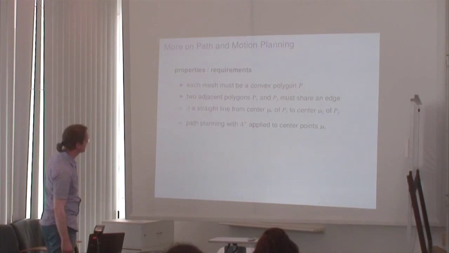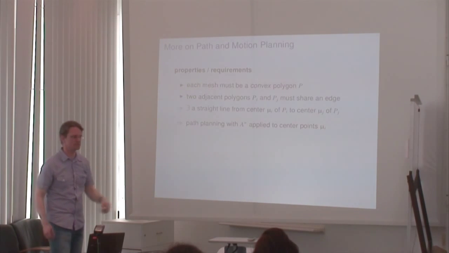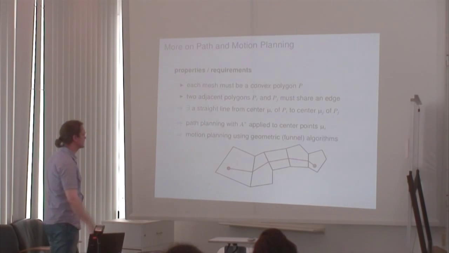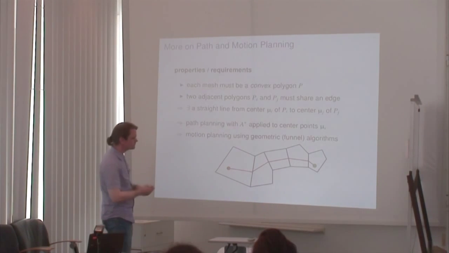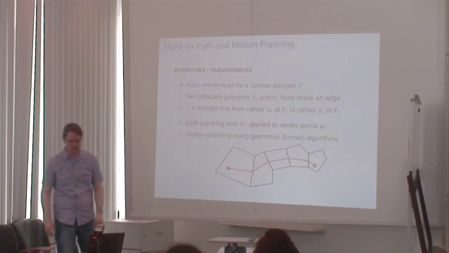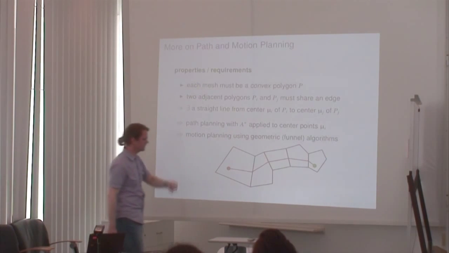And therefore you can run A star, say, on the center points of these polygons, and then you can plan smoother motions using geometric algorithms. They are called funnel algorithms.